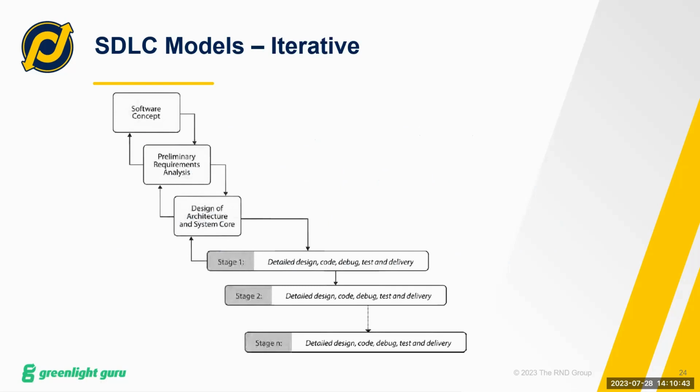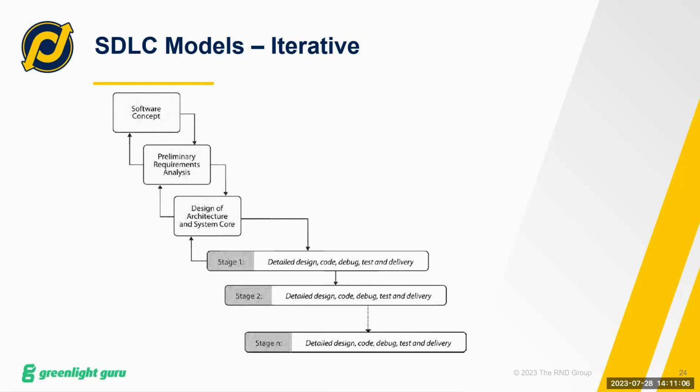This is from AMI's TIR 43, and we're going to talk more about that in just a minute. But this is just an example of an iterative software development lifecycle model. So you have some preliminary requirements, preliminary design, and then you're going to start doing these iterations.